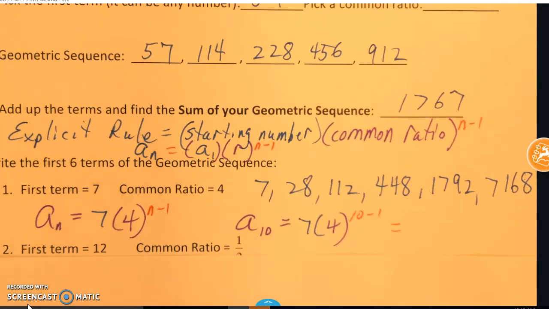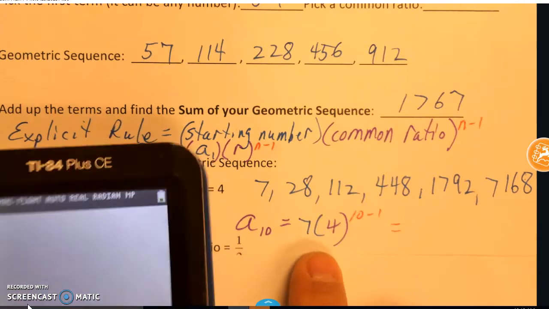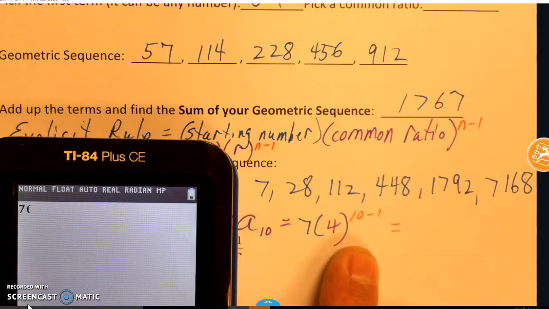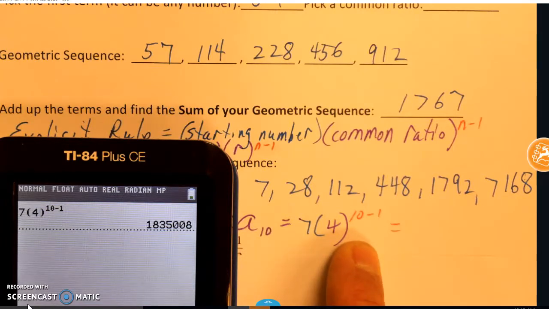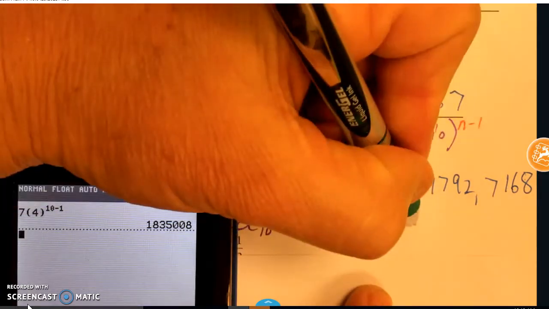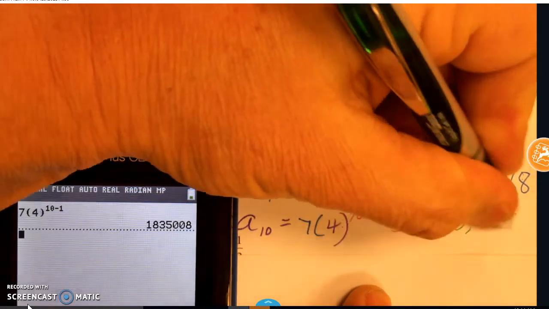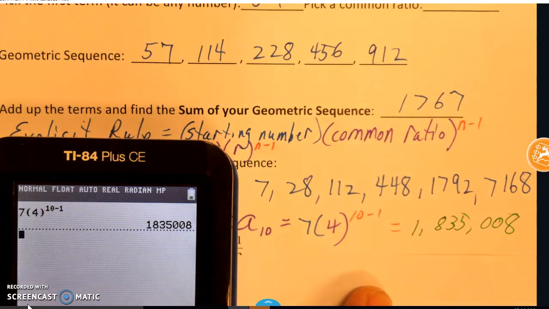Grab your calculator out. This is how I want to see it on the test. I want to see it all written out, and then you can use your calculator. So 7 times 4 raised to the power of 10 minus 1. Now, these numbers get big real quick. So our answer here is 1,835,008. That is a big number.